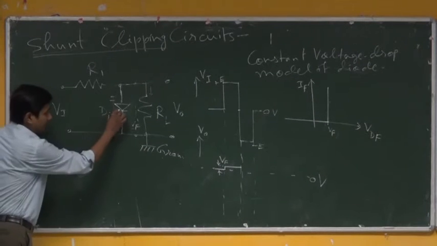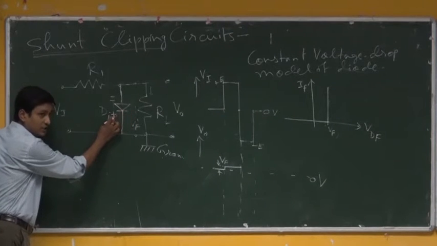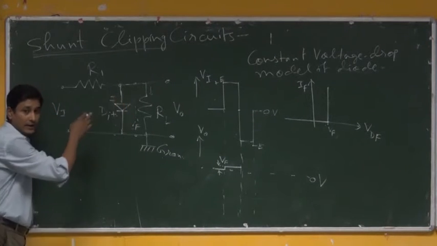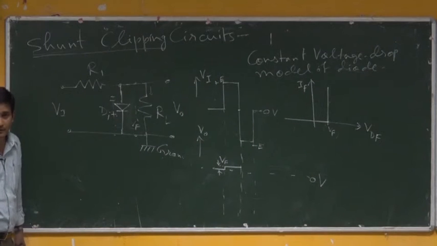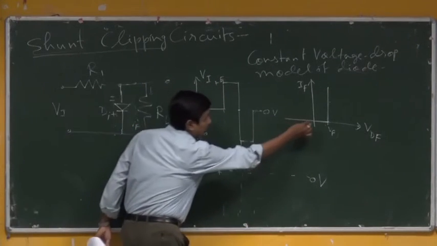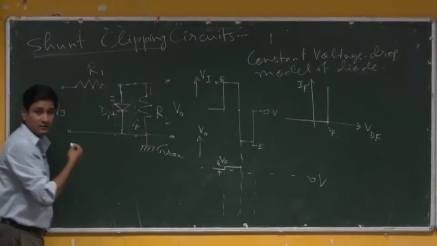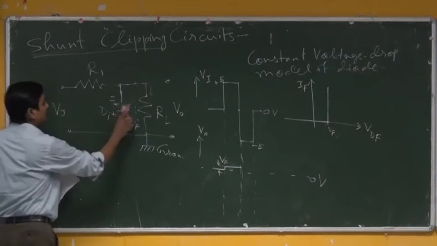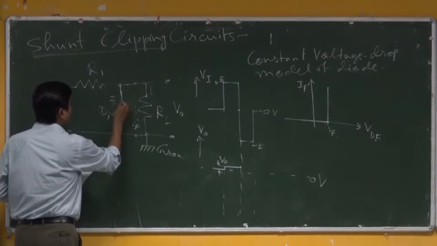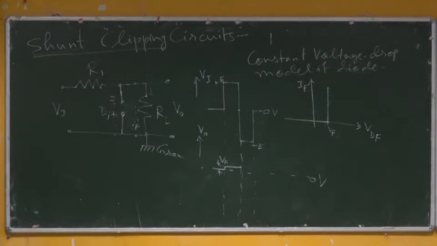So, the N side has got the positive potential and the P side has got negative potential. So, it is open. So, the diode will not be conducting, or the current through the diode is 0, or as if the diode connection is not at all there, which is open circuited.